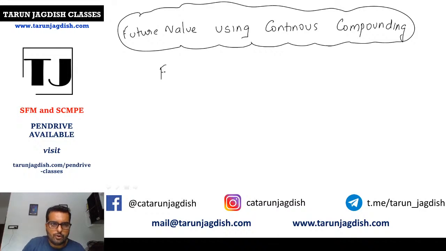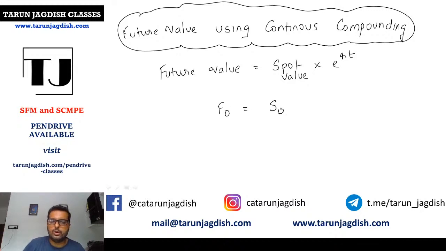Friends, here we can use a formula. Future value is equal to spot value into e raised to rt, which we call F0 is equal to S0 into e raised to rt. So the future value will be 100 into 1.105, that is equal to 110.5.